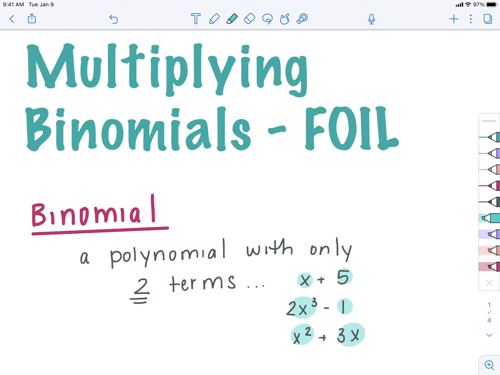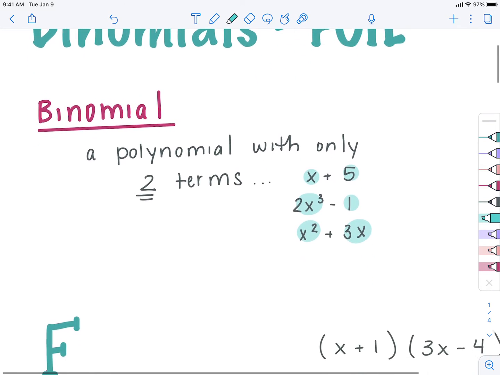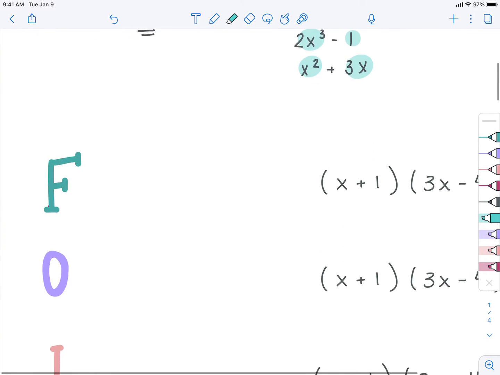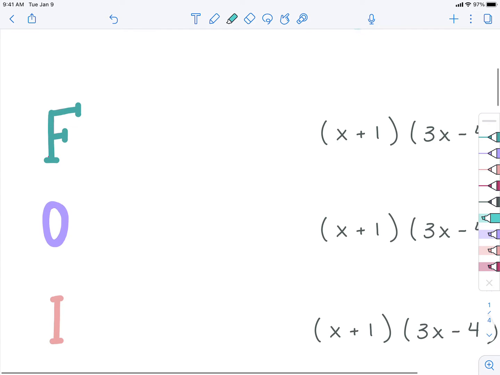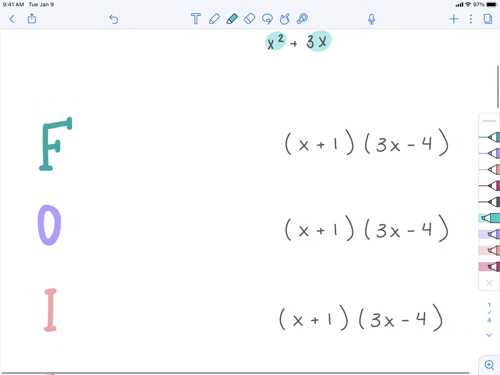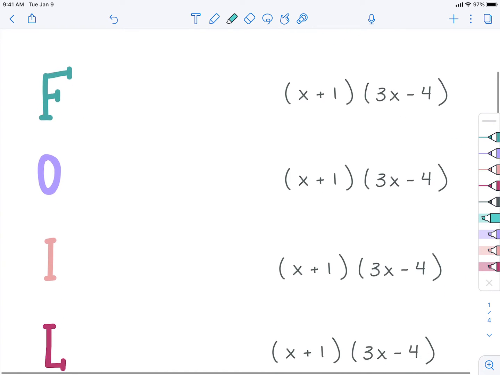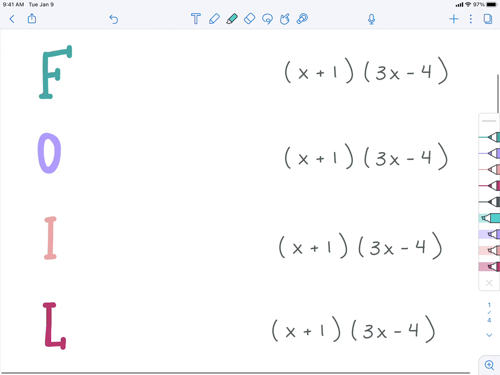And we're going to actually be multiplying those. And in order for us to multiply them, we use the FOIL method, which is just a way for us to remember what to do for each step. The F stands for first.